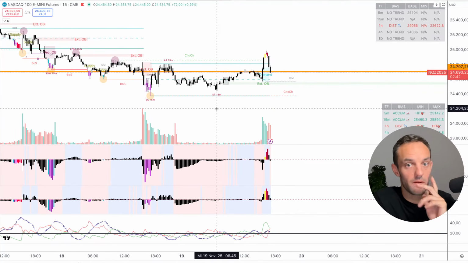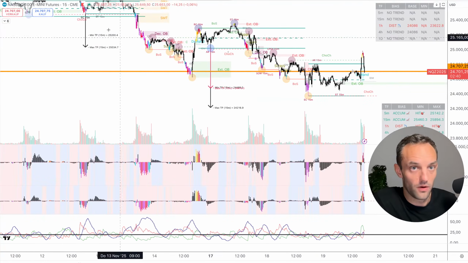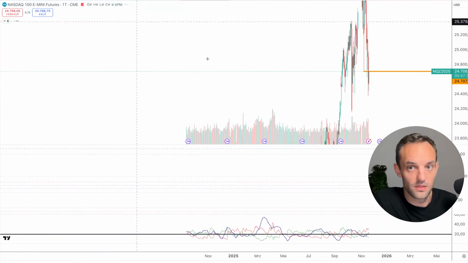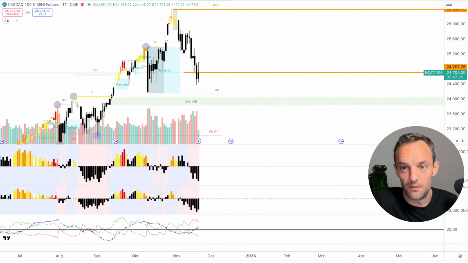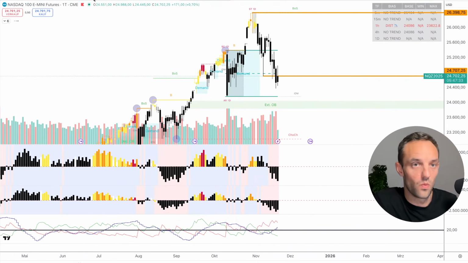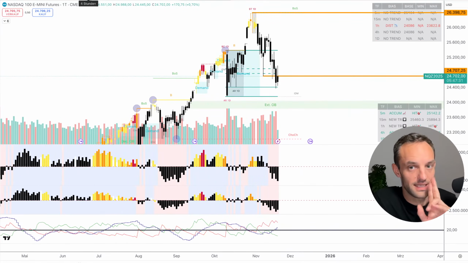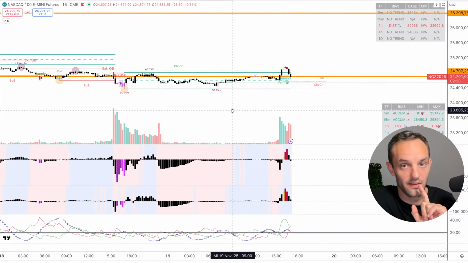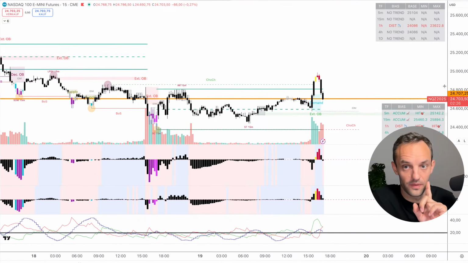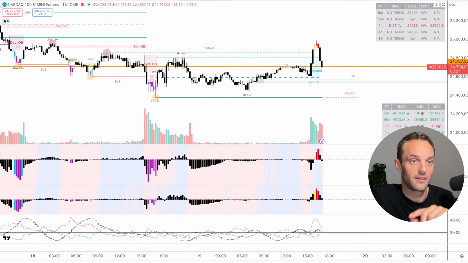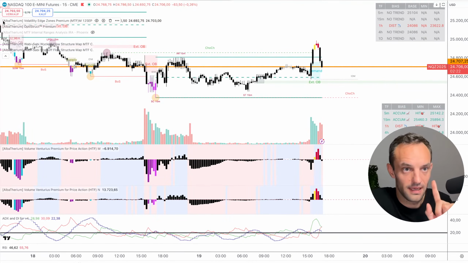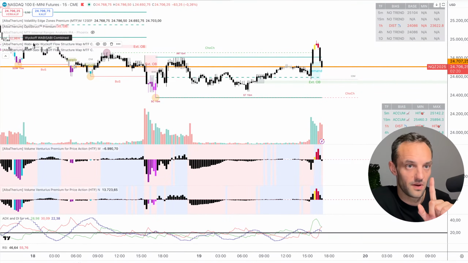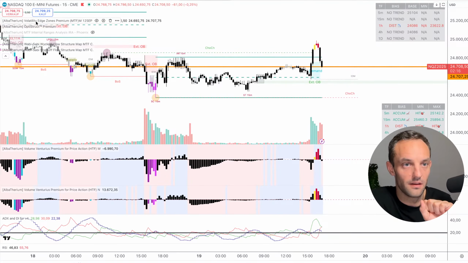Okay, so overall picture analysis. Let's do top to bottom analysis. No, first we have a second update in the indicators. The second update in the indicators is that we fixed the volatility edge zone premium.